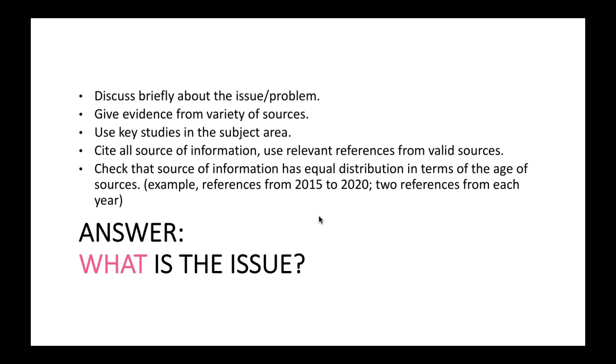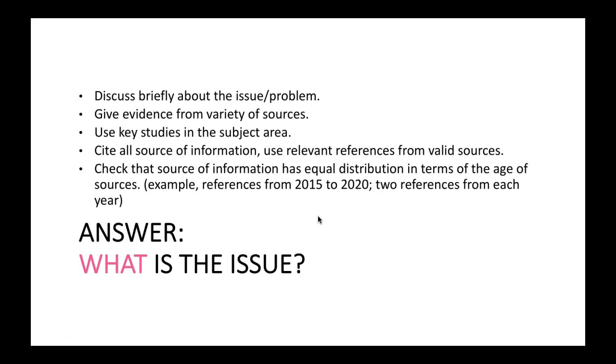As an example, if you are looking for references from 2015 to 2020, and you take 2 references from each year, that becomes the equal distribution. From each year, you are going to take at least 2 relevant studies or arguments. So that needs to be equally distributed.